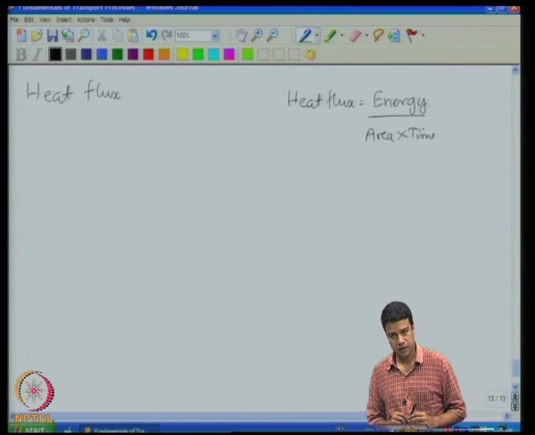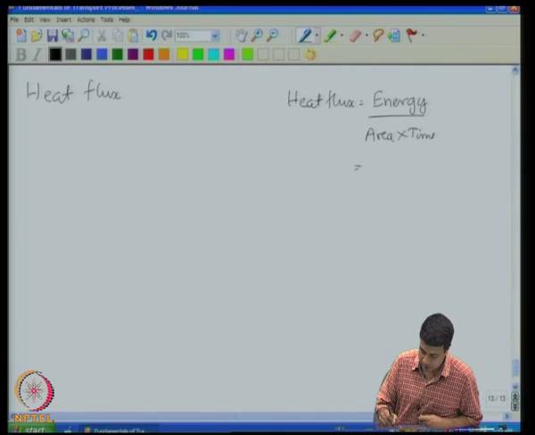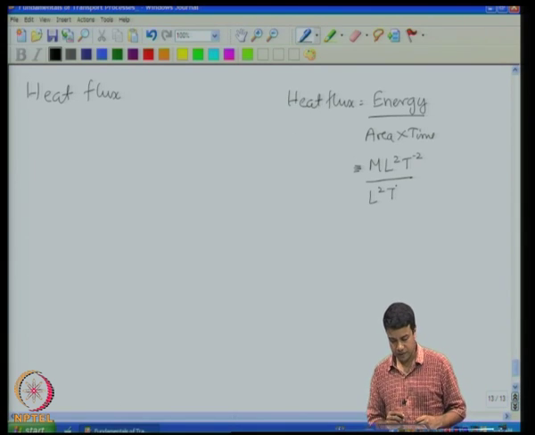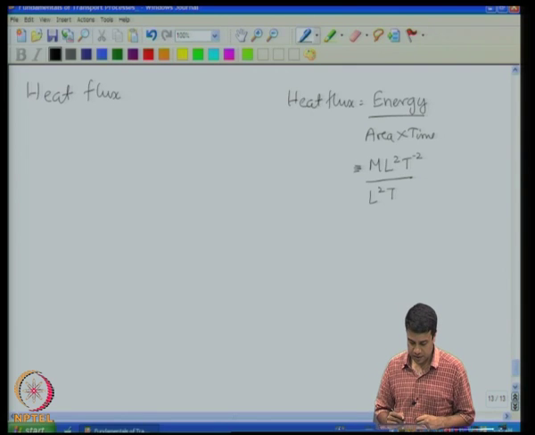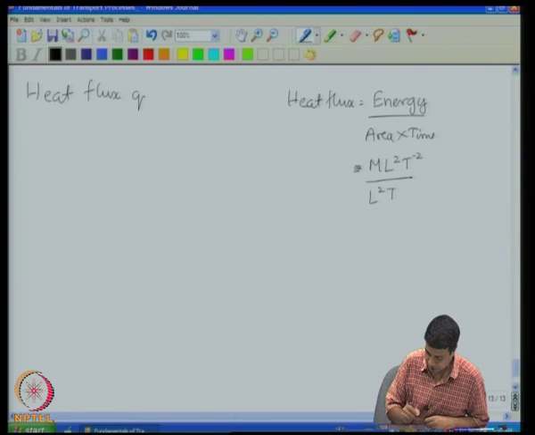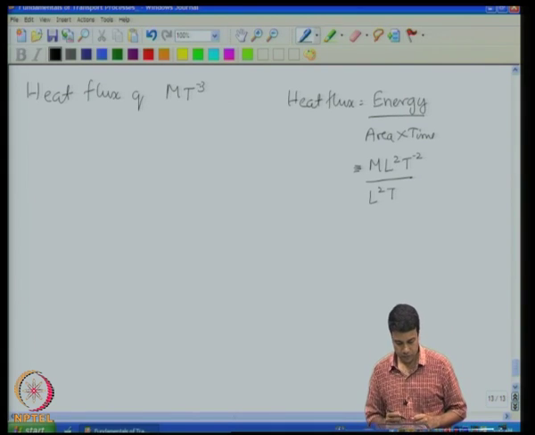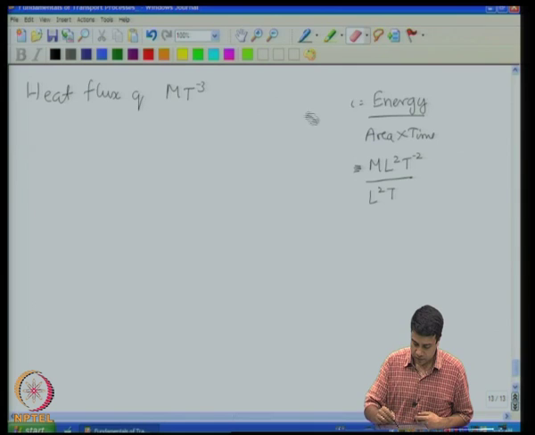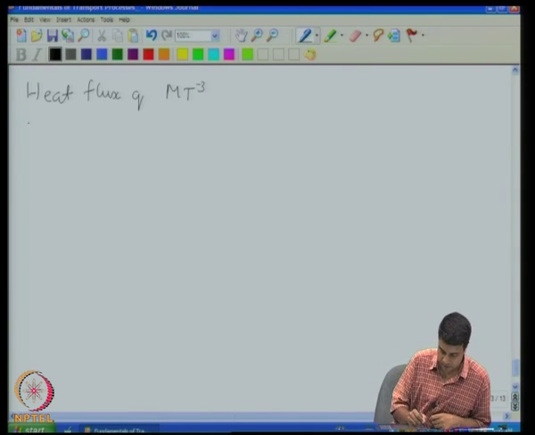Energy has dimensions of mass L square T power minus 2, divided by area, which has dimensions of L square, and time, which has dimensions of T. So, you can easily see that the heat flux Q has dimensions of m T power minus 3. Another quantity of importance in heat transfer applications is what is called the specific heat.